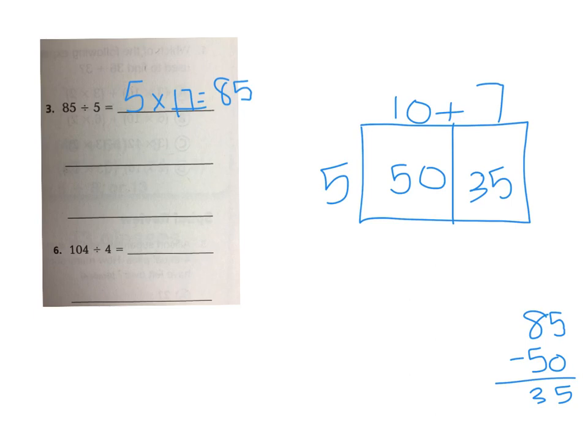But before we move on to the next problem, let's go ahead and show this as it would look as a distributive property. So we're going to say 5 times 10. Let's write that down right here on our line underneath. I'll pick a different color so you can see it better. 5 times 10 plus 5 times 7.